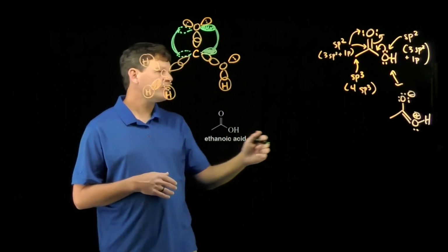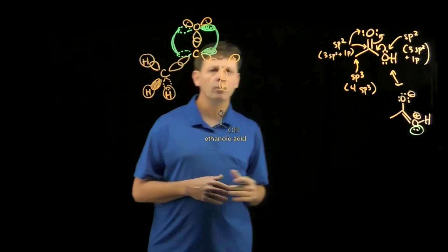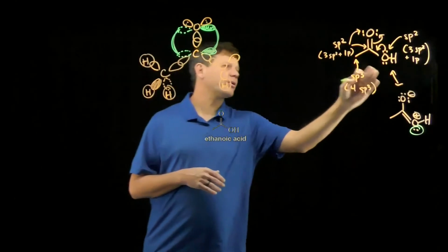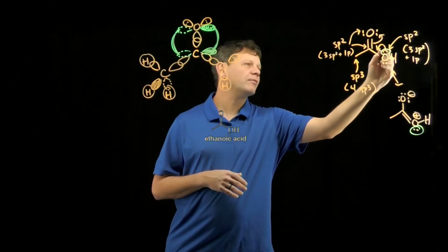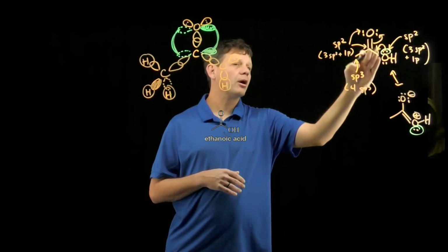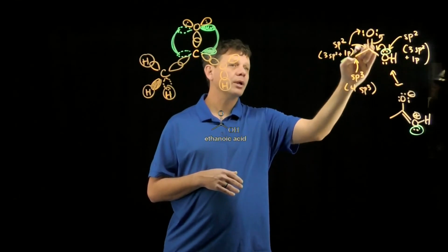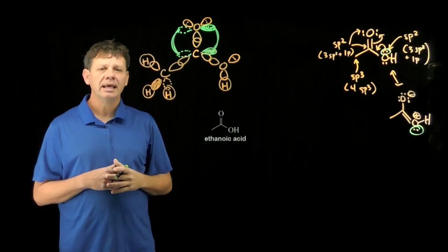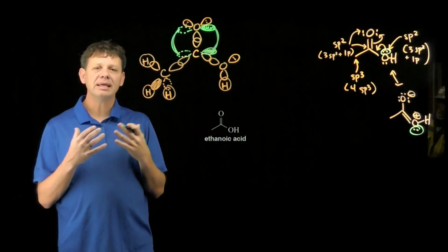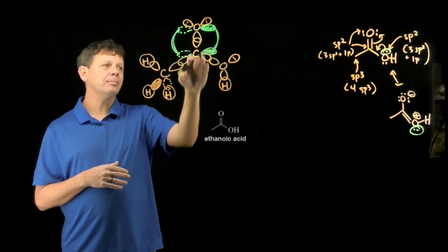Now, in terms of the 1 lone pair we haven't shown yet, because this lone pair is in resonance with the carbon-oxygen double bond, for us to have that overlap, it needs to be in the same plane as the p orbital.